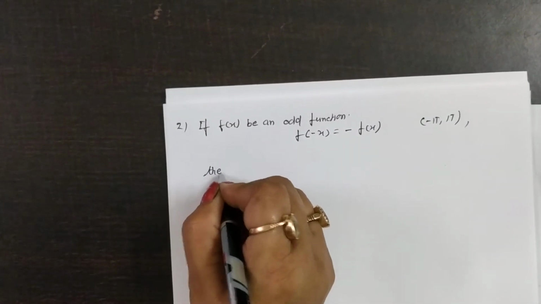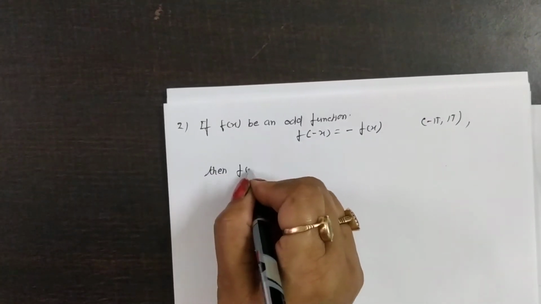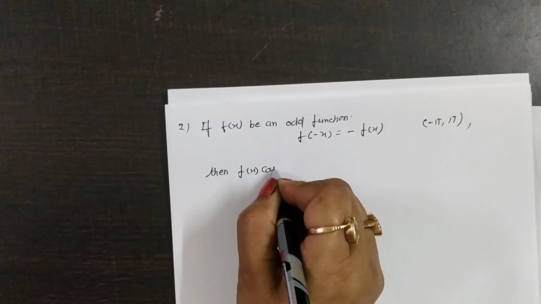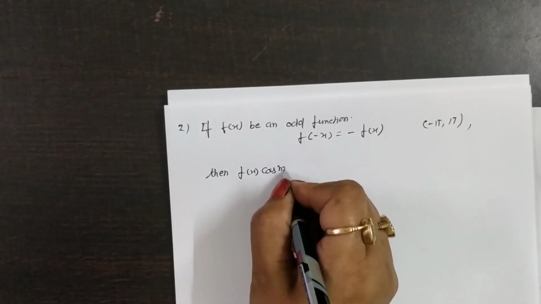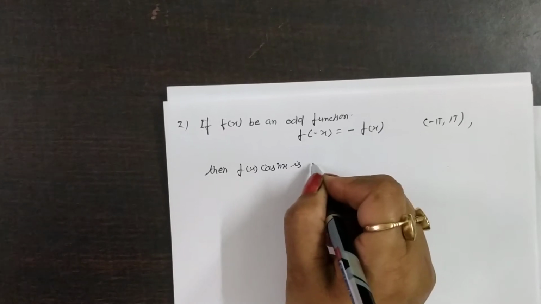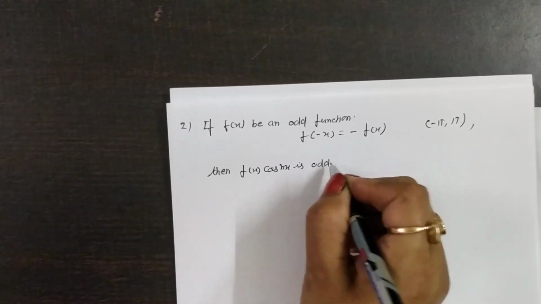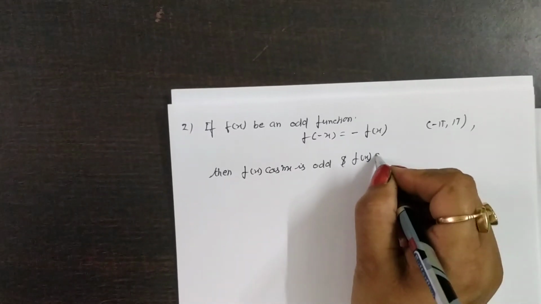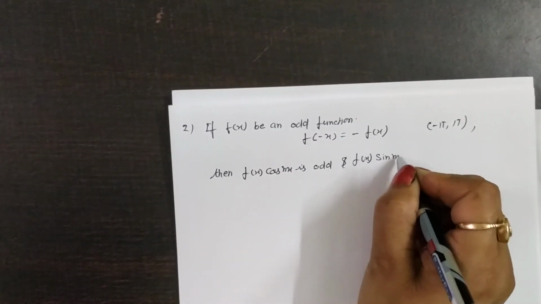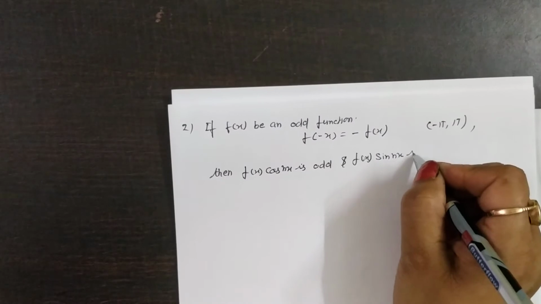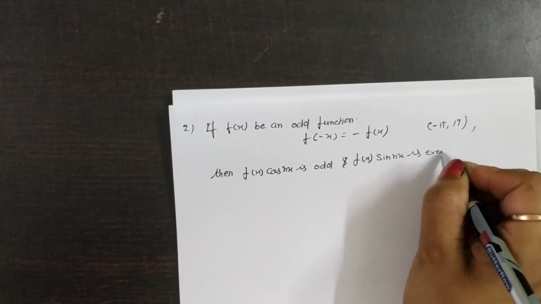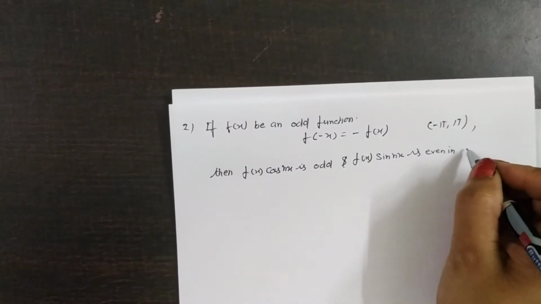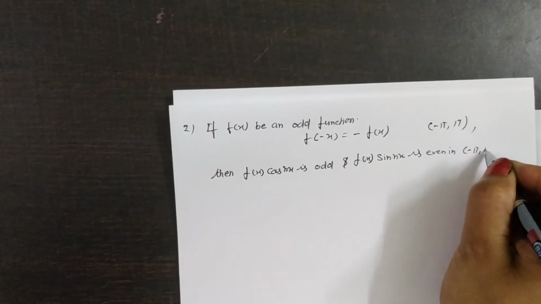Then f of x cos nx is odd, and f of x sin nx is even in minus pi to pi.